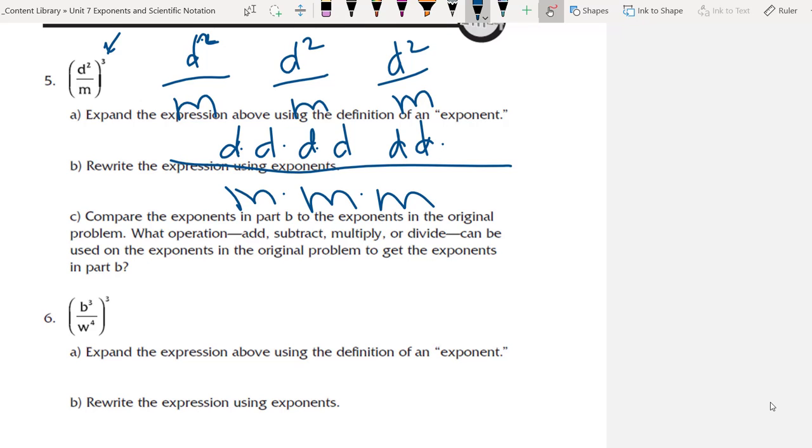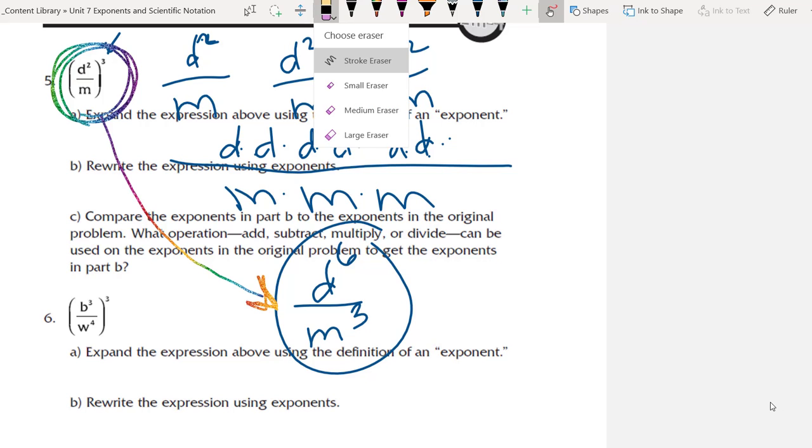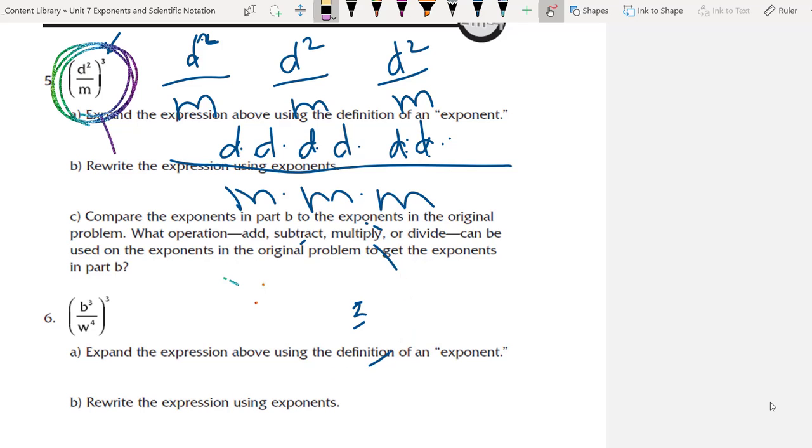So if I rewrote that just using exponents, that'd be d to the 6th over m to the 3rd. What do we do from here to get to here? What do we do with those exponents? What operation? I'm going to have to erase this. This is in the way.